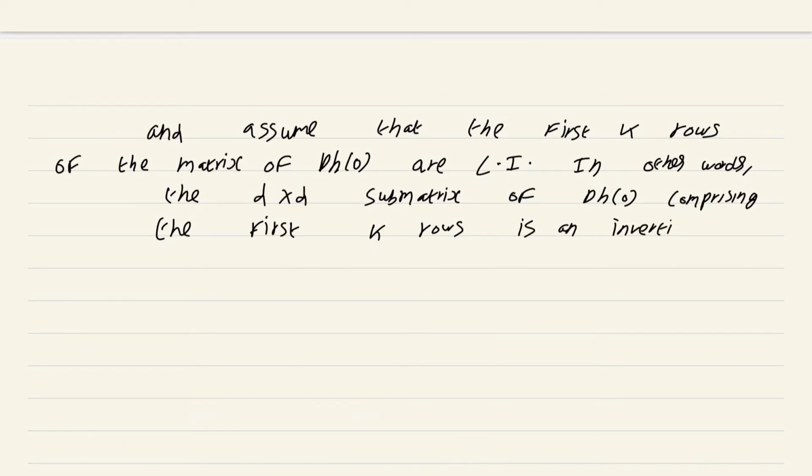Again, this is just saying the same thing in a different way. Invertible matrix. Okay. Now this remark that the first k rows is an invertible matrix is going to become very important in a moment.